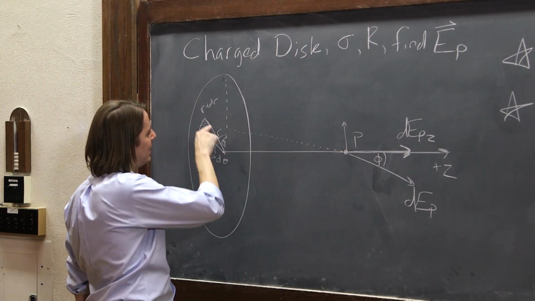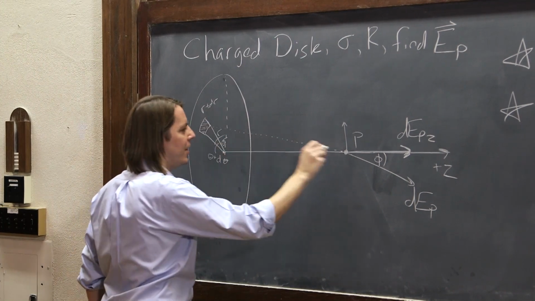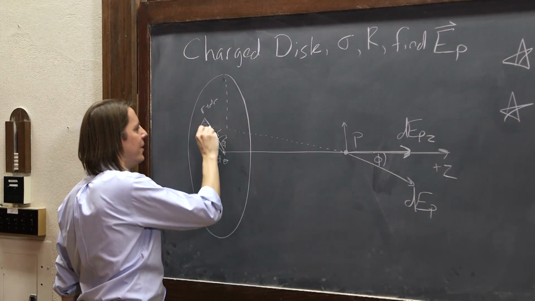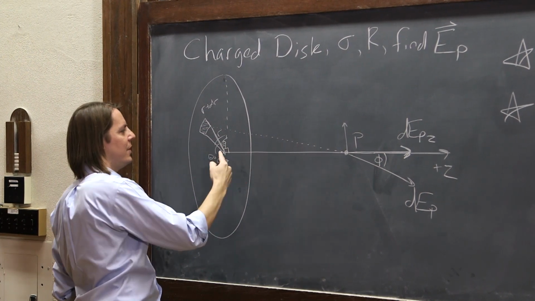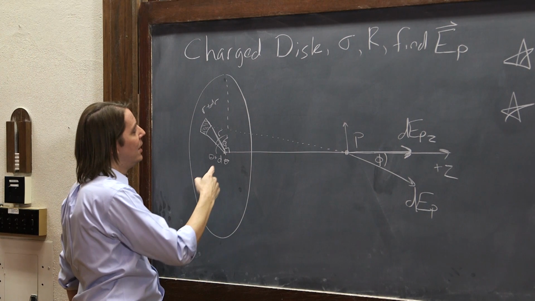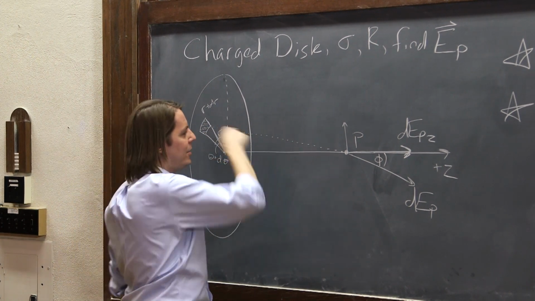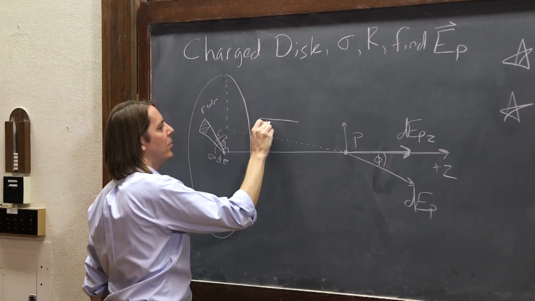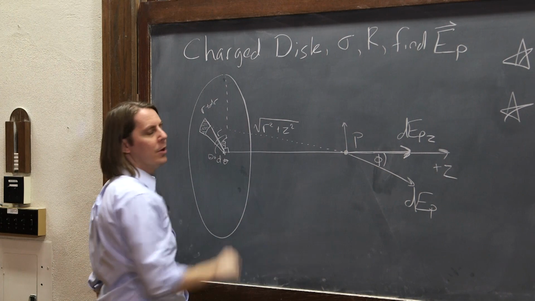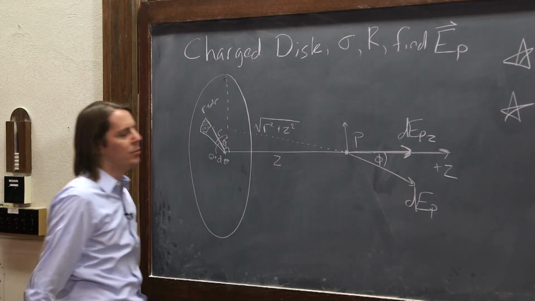Well, fortunately, that is a right triangle. From here, the dotted line, to this solid line right there, that is actually a 90-degree angle. Between the z-axis and r is 90 degrees. So we do have a right triangle to use where the hypotenuse is going to be the square root of r squared plus z squared, because we're at a point P along the z-axis at a distance z away.